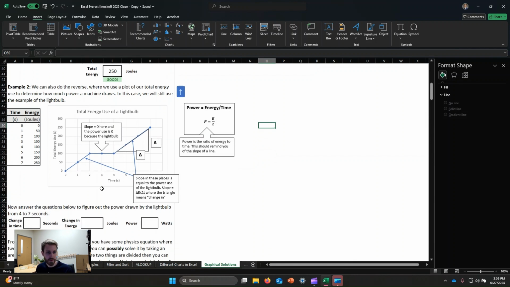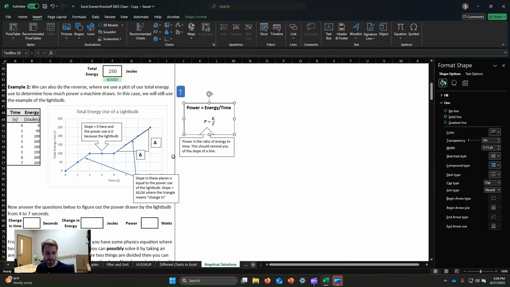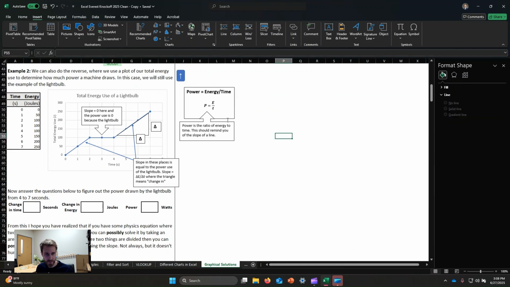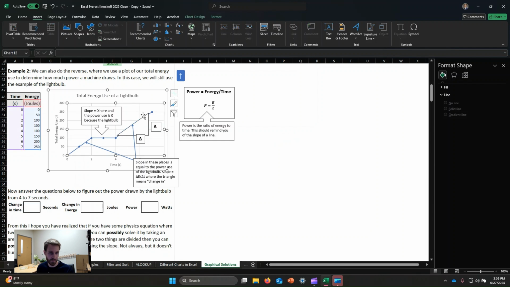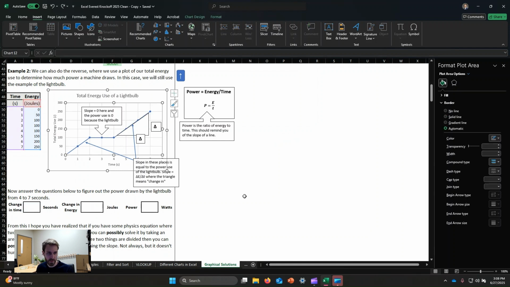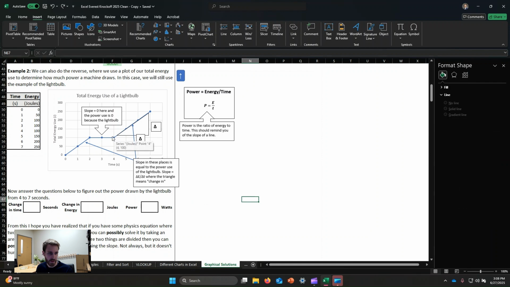And so if we look at the change in energy and the change in time, then we can get the power. So if we look, say, at this upper chunk here where the triangle is, the change in time is 3 seconds. It's 4 to 7 seconds. So I could also just say 7 minus 4.